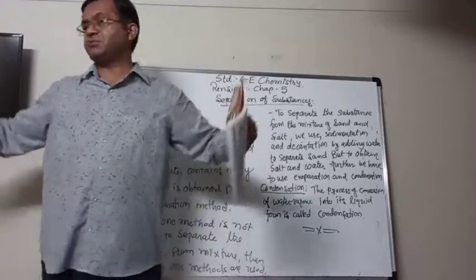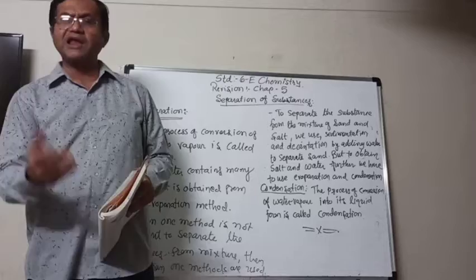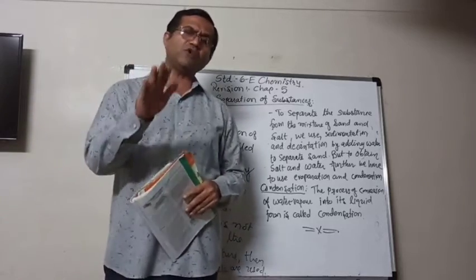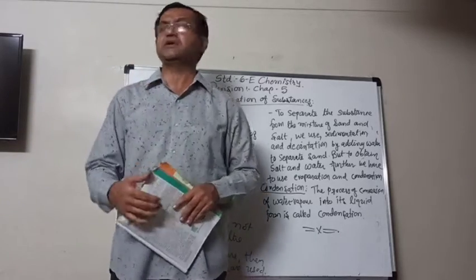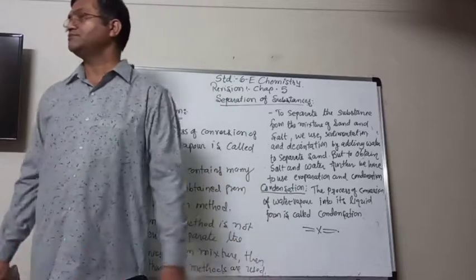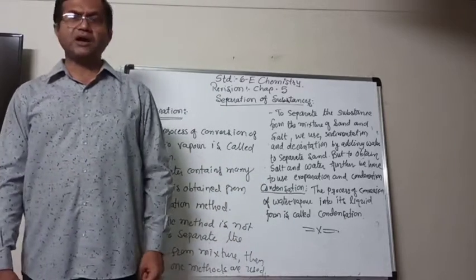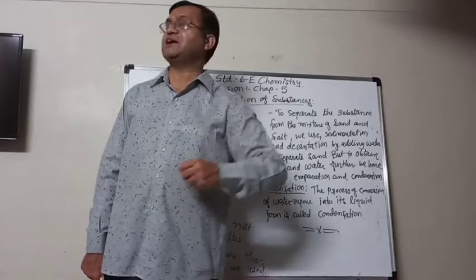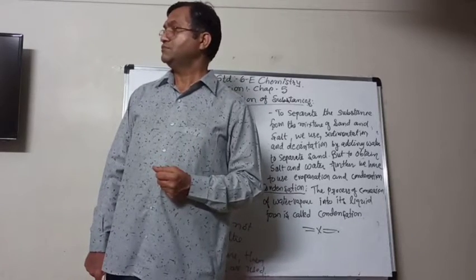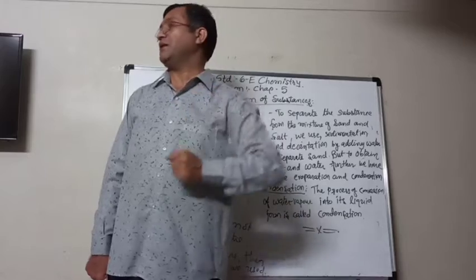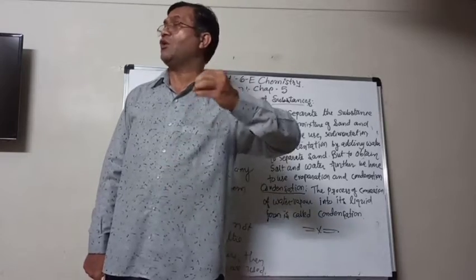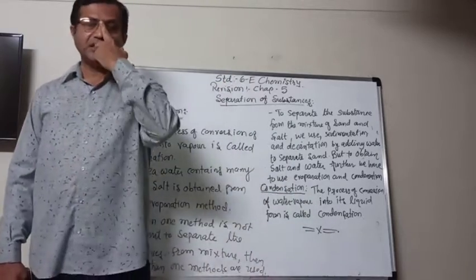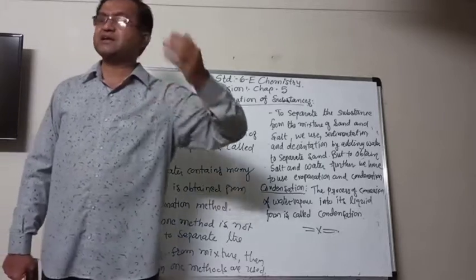They make the pits, but not too deep, shallow, and allow the water to stand in that shallow pit. Then due to the sunlight, the heat of the sun, generally in the summertime when it is very hot weather, the water starts evaporating.